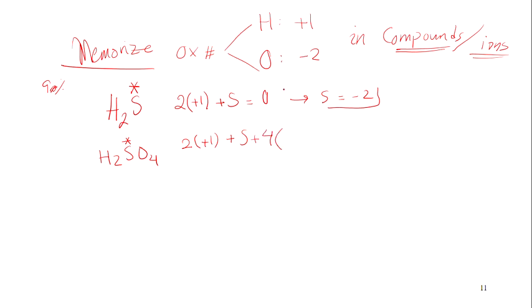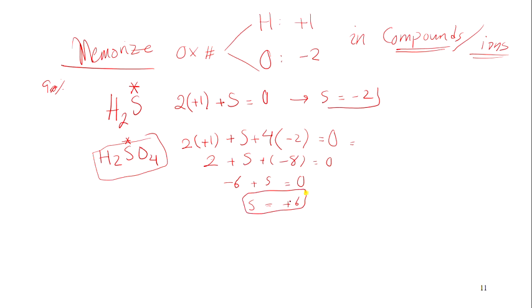The oxidation number of oxygen is -2. It is equal to the charge. There is no charge for this compound, so it's 0. So 2 plus S plus -8 is going to be 0. 2 plus -8 is -6, plus S is 0. S is going to be +6.